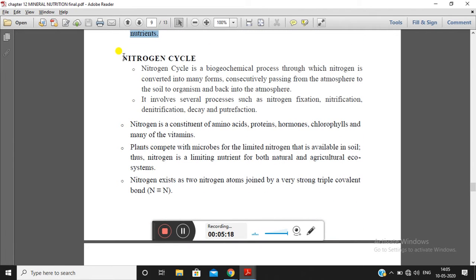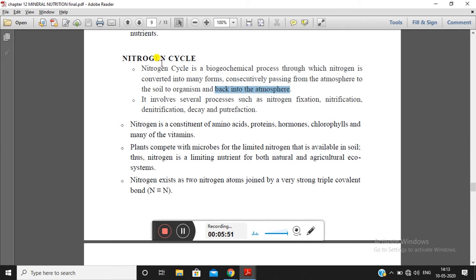Now moving towards a most important point with respect to this chapter, that is the study of nitrogen cycle. We can consider that the nitrogen cycle is a biogeochemical process. In this process, nitrogen is converted into many forms, and it consecutively passes from atmosphere to the soil, from soil to the organisms, and once again goes back to the atmosphere.